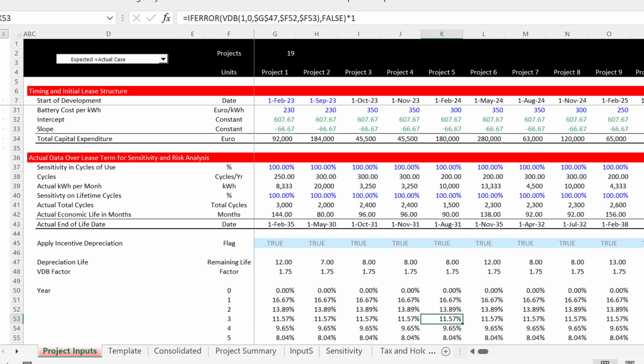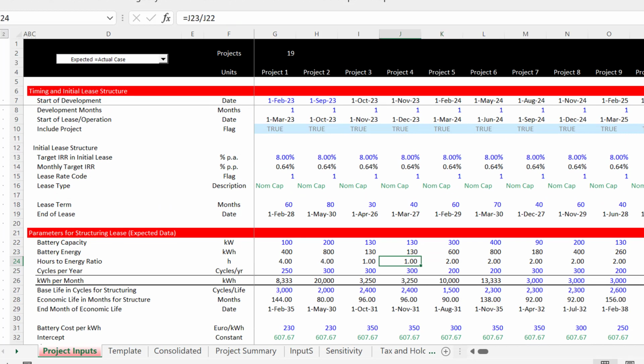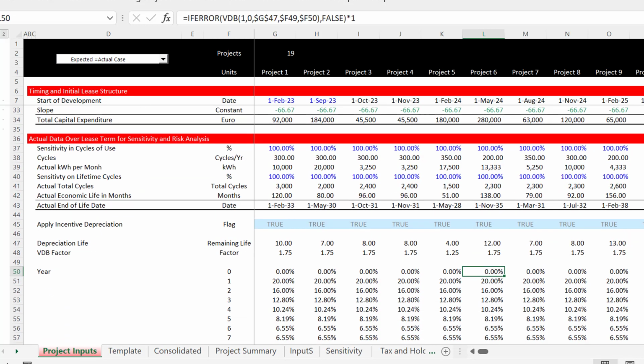Let's keep the cycles per year about the same, say 350, and you want to be able to change these. Then we've got something with a 4-year life, something with a 7-year life, something with a 10-year life.